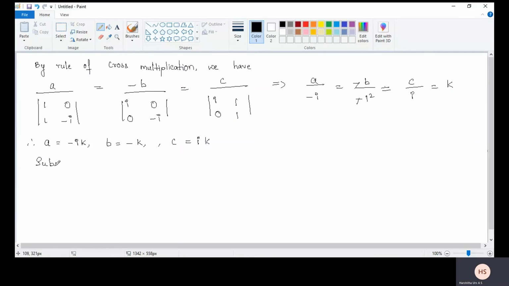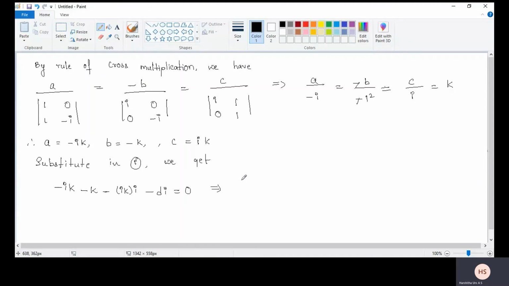Substitute in equation 1. We get, wherever a is there in equation 1, minus ik, b value is minus k, c value is ik into i, minus di is equal to 0.